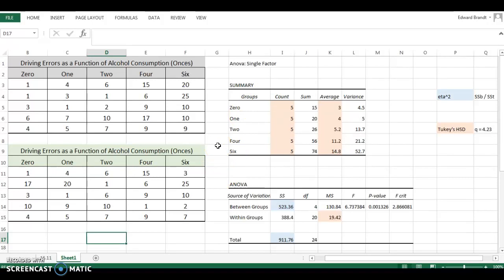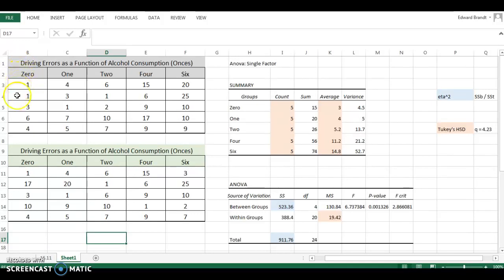So first, let's take a look at the data that we have. This chart up here deals with the problem in the book, which was the number of driving errors based on the number of ounces of alcohol consumed by the drivers.